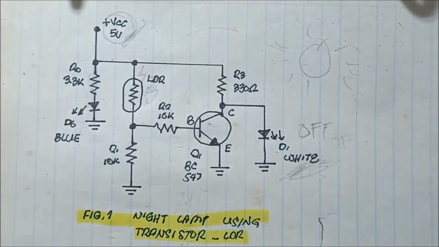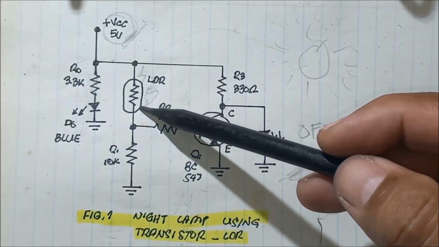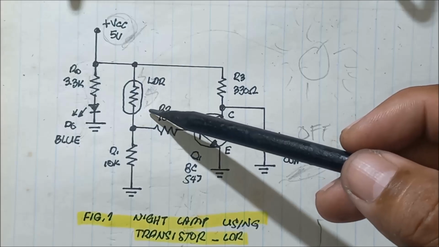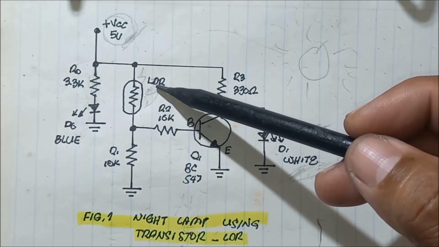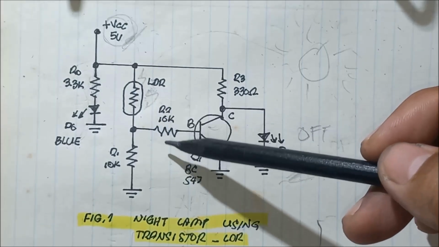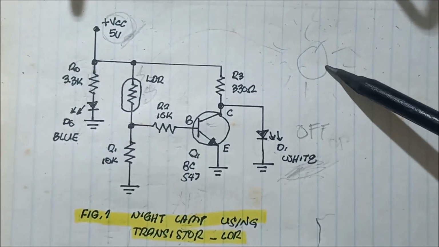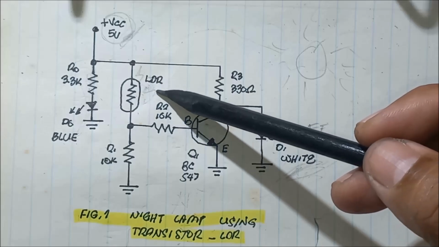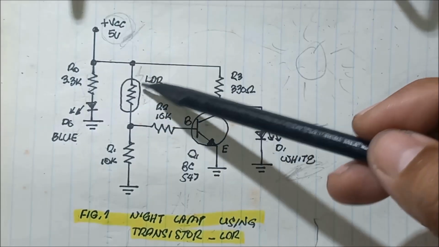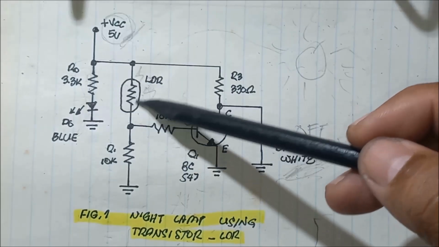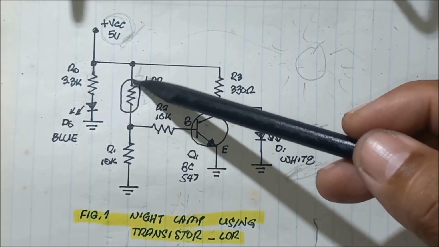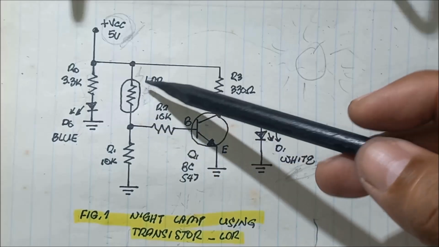What is the effect of light on the light dependent resistor? Because there is light, there is less resistance when there's a light.